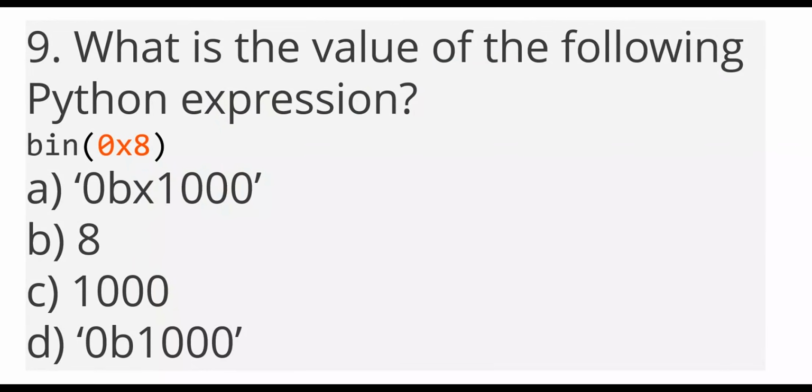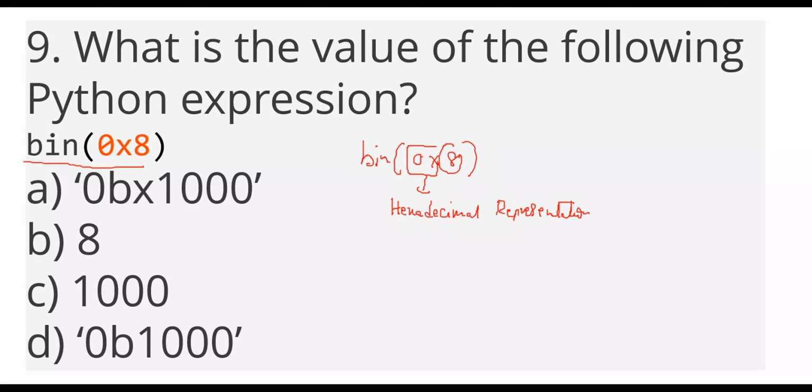What is the value of the following Python expression? Here, what is given? bin(0x8). Clearly 0x is a hexadecimal representation, so 8 is in the form of a hexadecimal number. Now you want to convert this hexadecimal representation into binary.